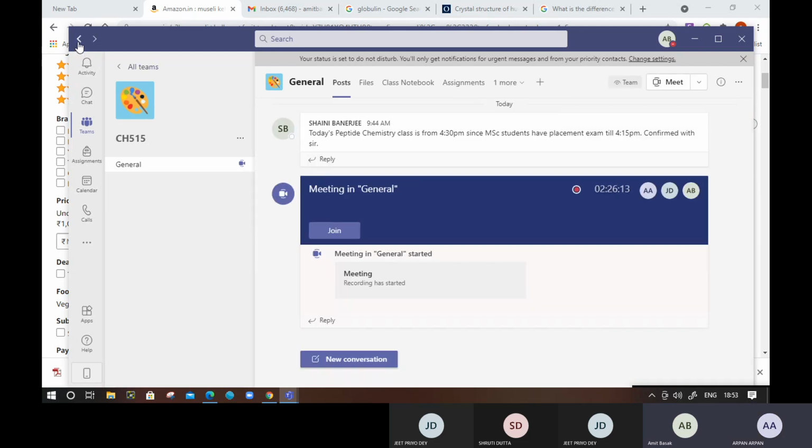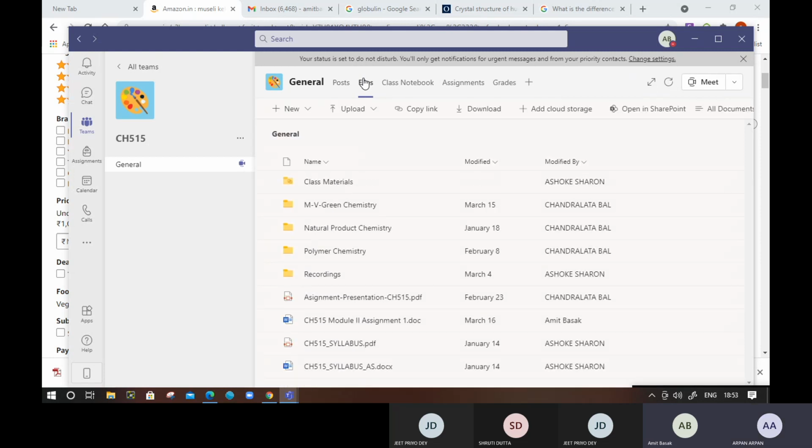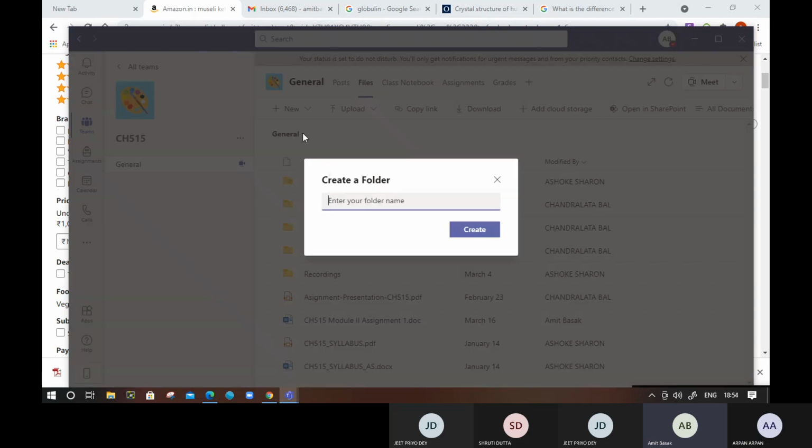So maybe I can make a new folder. From New, Folder. The folder name, suppose, is peptide chemistry.